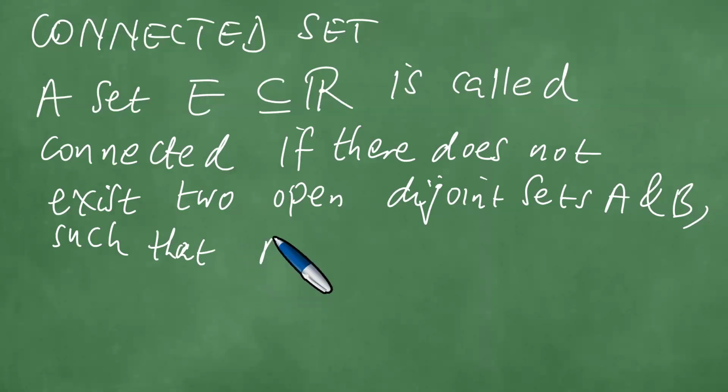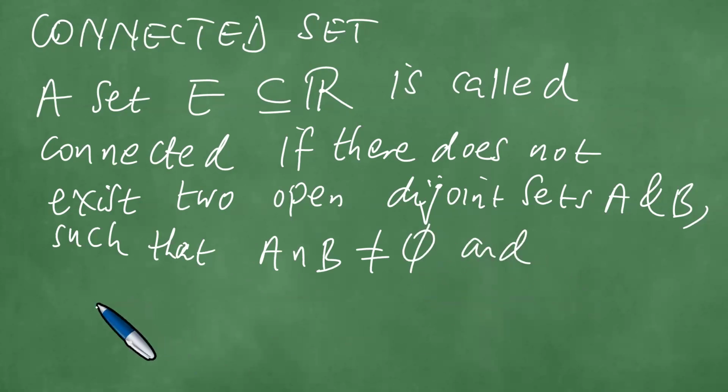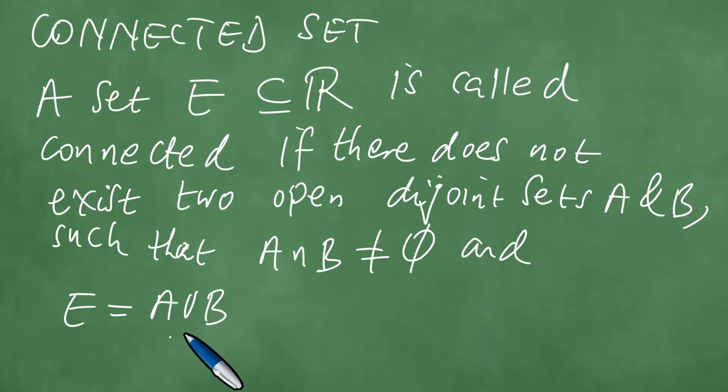A intersection B is the empty set, and E, for example, can be written as the union A union B. This set E is called connected if you cannot find two open sets so that this is the case.